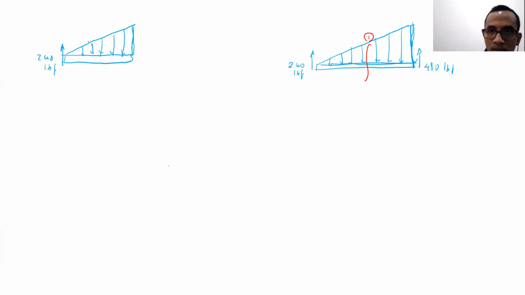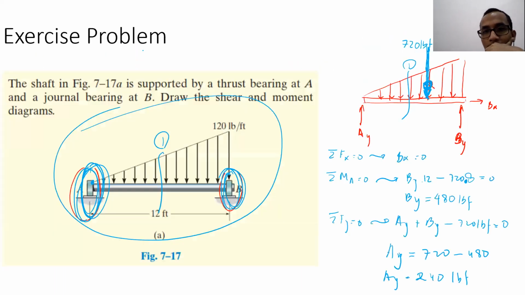Sir, before you continue, I want to ask about the location. For a triangle, is 2/3 L from the peak? No, it's 1/3 from the maximum, 2/3 from the minimum.